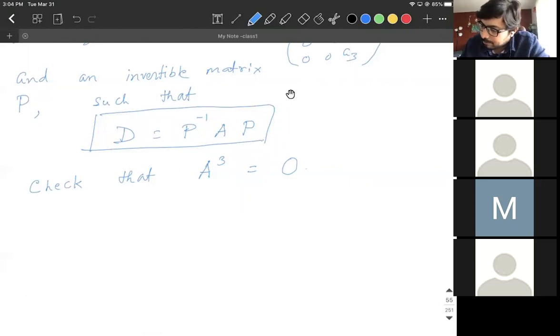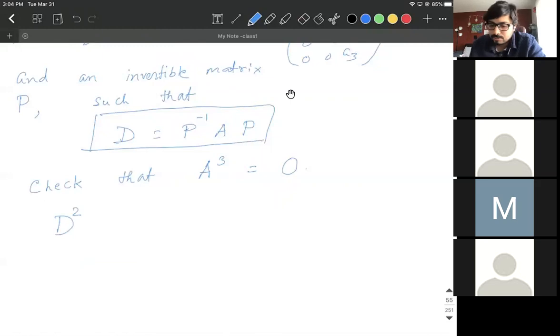Now let's try to find out what D cube is.